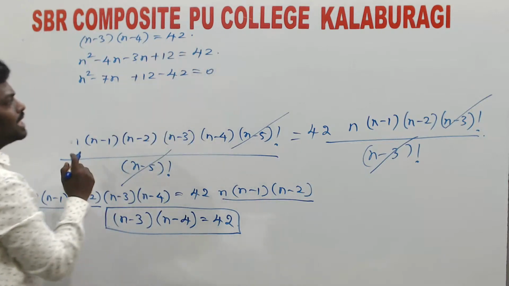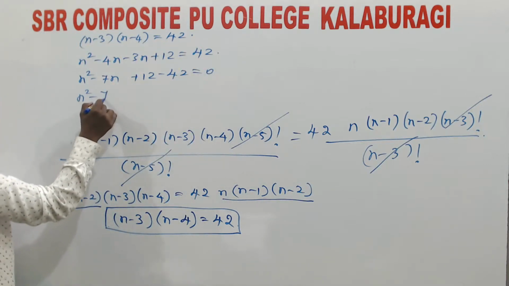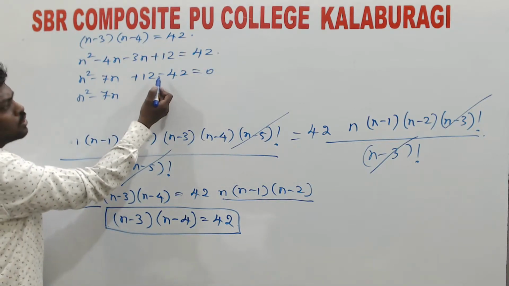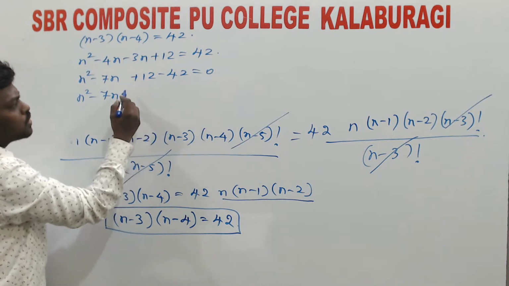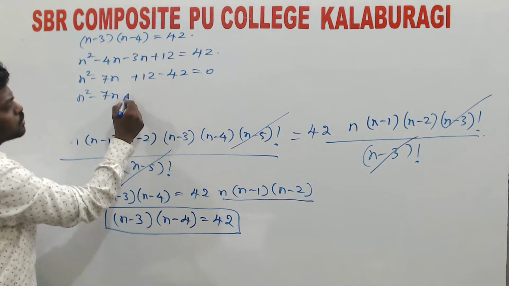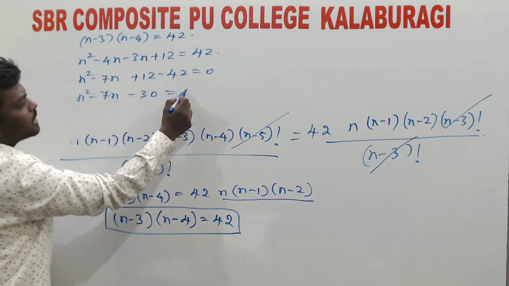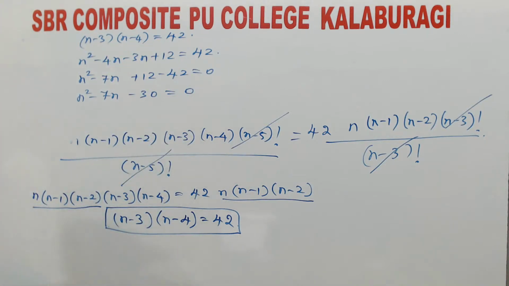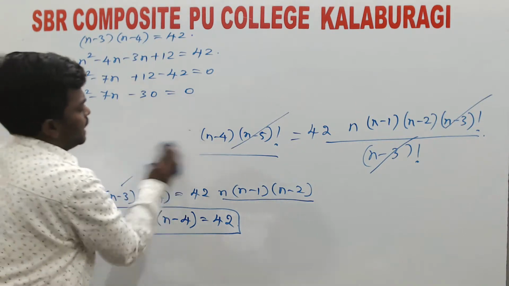I will shift 42 to the left hand side: 12 minus 42 is minus 30, equal to 0. Now we are reduced to a simple quadratic equation. Now we shall solve for n.